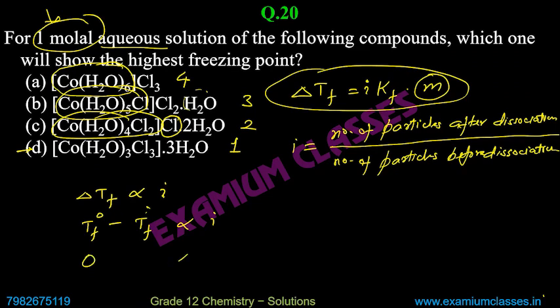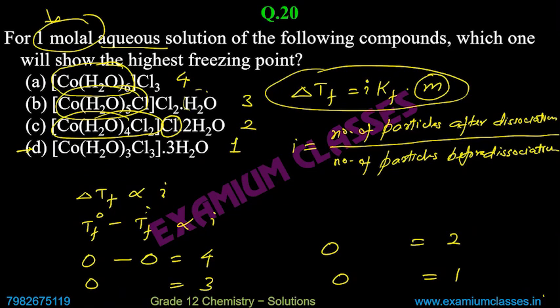If you need to say it is proportional to 4, or 0 is proportional to 3, 0 is proportional to 2, or remove the proportionality sign, have an equal sign, then it will be clear. So put the value of i here. When you get 4, you will get 4, proportional to when you have this one as minimum 0.